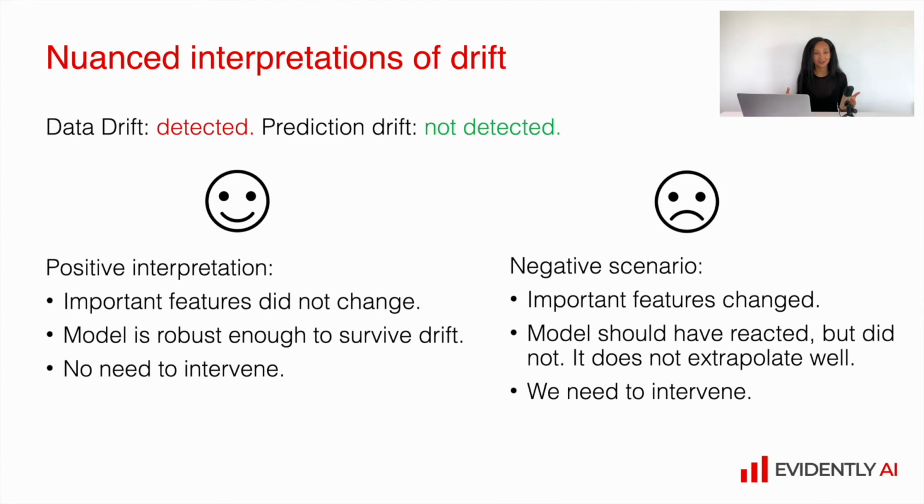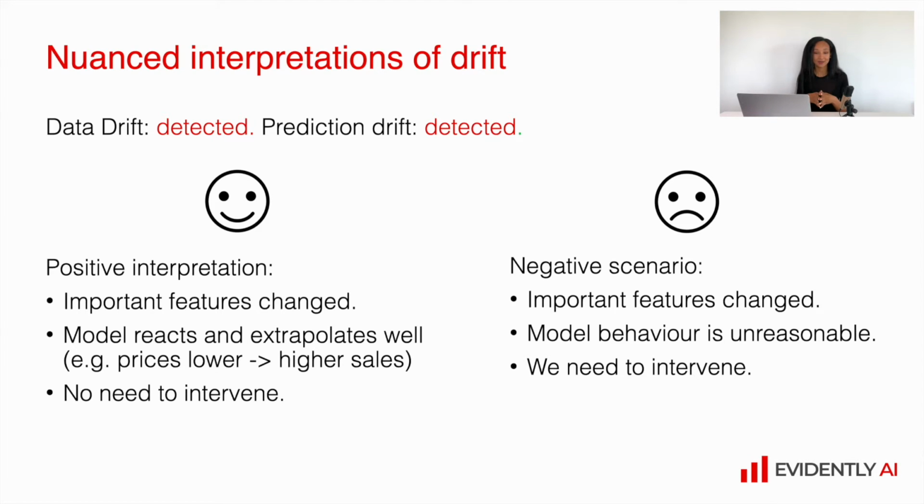Let's assume data drift is detected, and here I mean features drift, but prediction drift is not detected. It can be a quite positive scenario where none of your important features drifted. In this case, your model is robust enough to survive drift and you actually do not need to do anything. But it can also be a negative scenario where your important features changed, but the model should have reacted somehow to this, but it didn't. So in this case, you need to intervene.